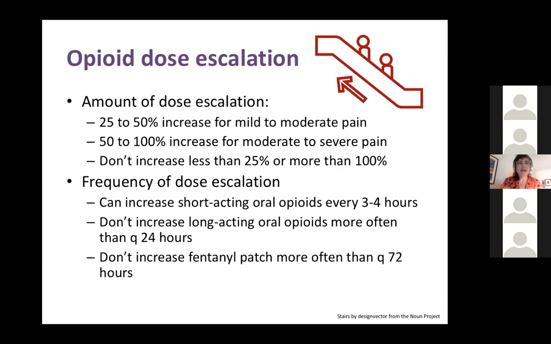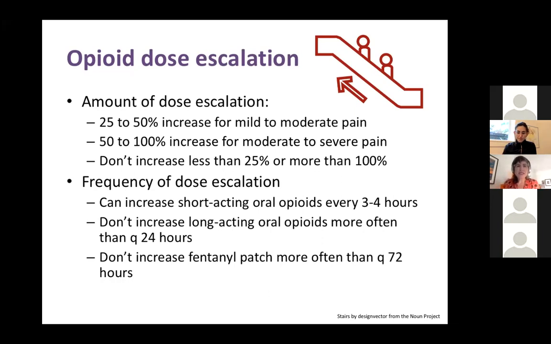So something like a 25 to 50% increase for mild to moderate pain, a 50 to 100% increase for moderate to severe pain, not increasing less than 25% or more than 100%. So that is why the 5 to 15 milligram range is actually not a correct order. It doesn't get patients in trouble because the nurses generally wouldn't jump up that high, but it's still our responsibility as a prescribing clinician to write an order that's going to be technically correct all the time.